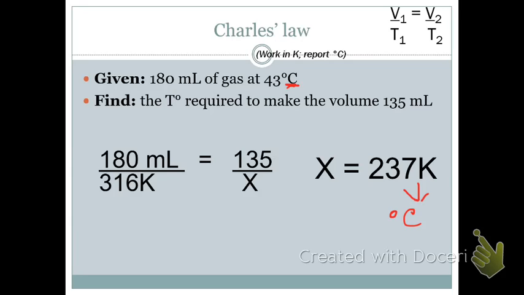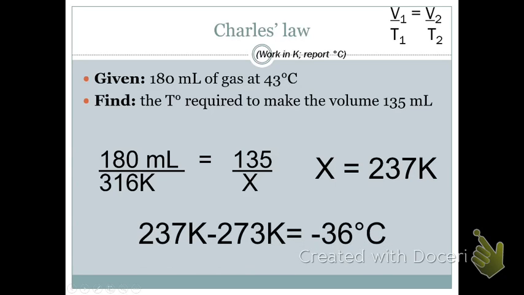So take the 237 K, subtract 273, press the equal sign, and that is going to give you your degrees Celsius, which in this case is a negative 36 degrees Celsius.